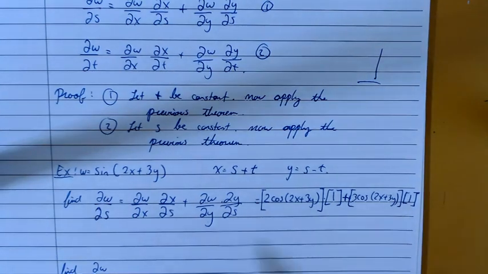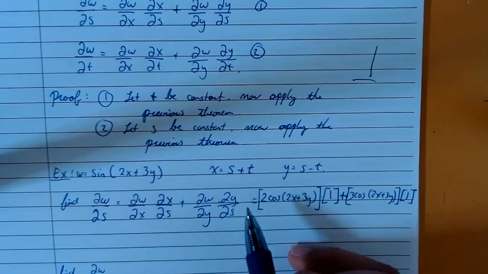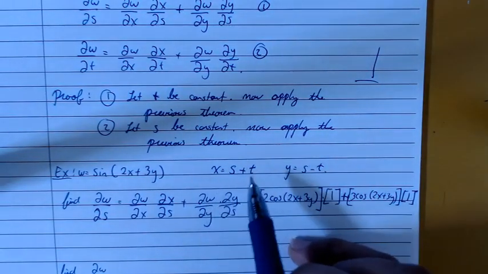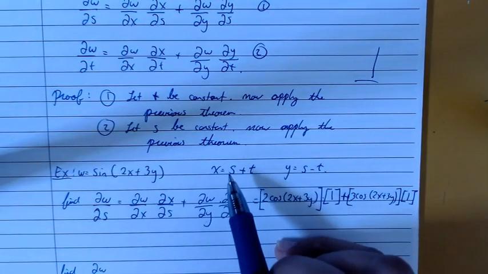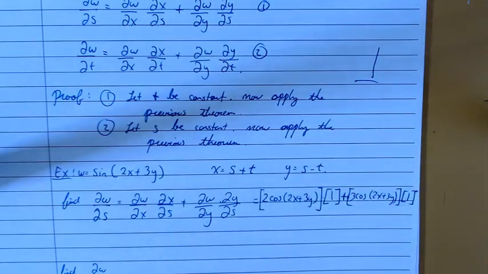But now, note that this is a function of s. So here I should not be using my x and my y. I should substitute in my original, most basic parameters. I should substitute in x is equal to s plus t, and y is equal to s minus t.